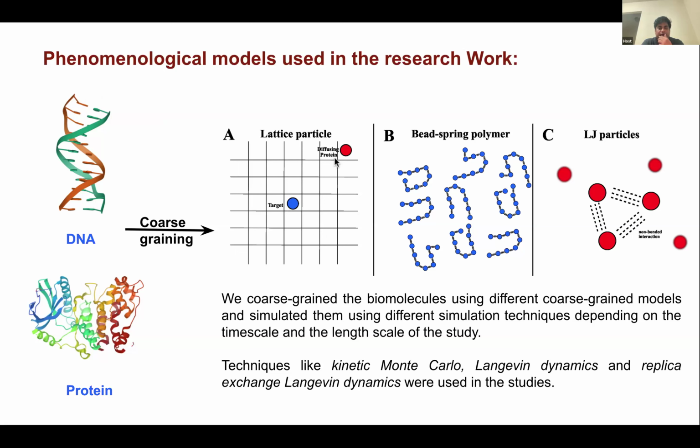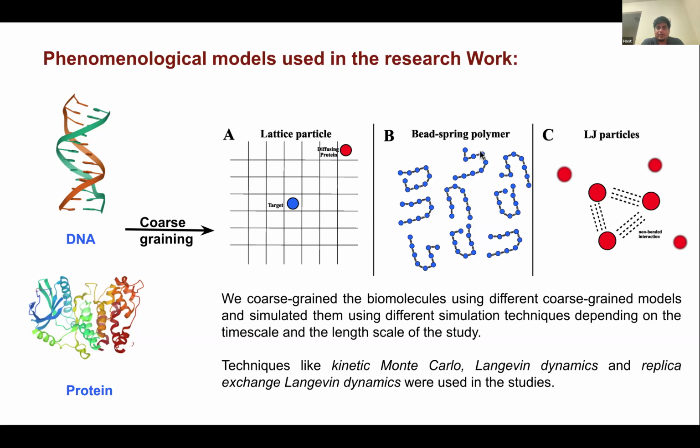The lattice particle means one whole entity, like a protein is considered as one bead or one entity, and a part of a DNA is considered as another entity. It is coarse grained at that level so that we can capture things which are relevant at that length scale and time scale.